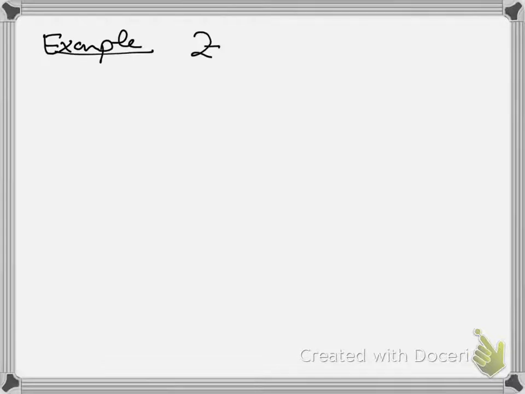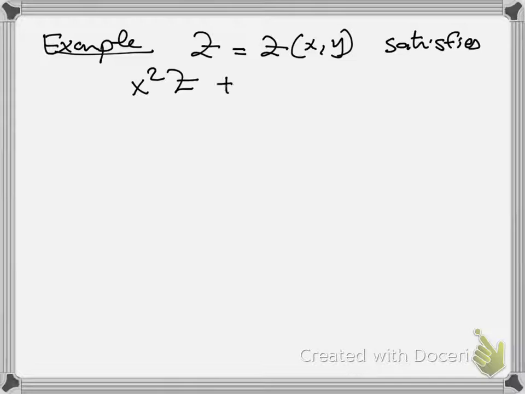You have a function z of 2 variables, and let's say the function z satisfies x squared z plus y e to the xz equal to 0.